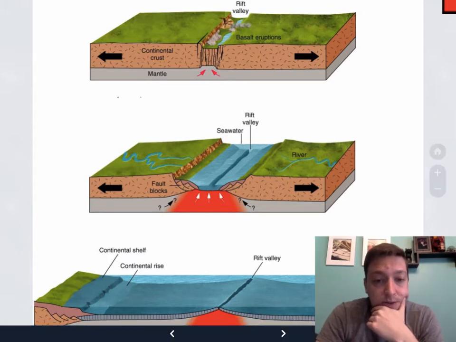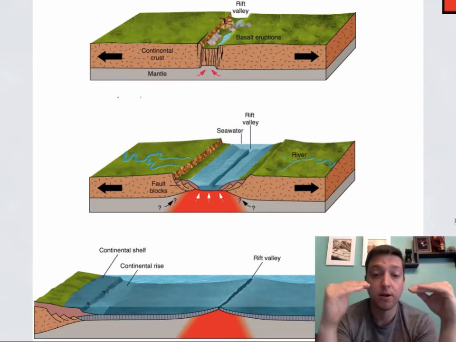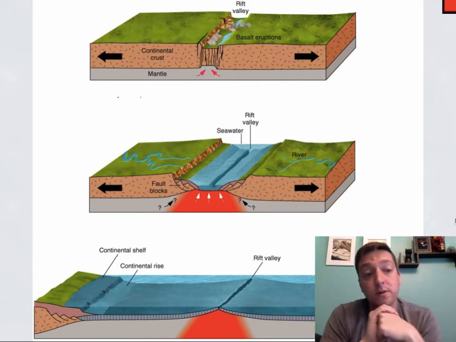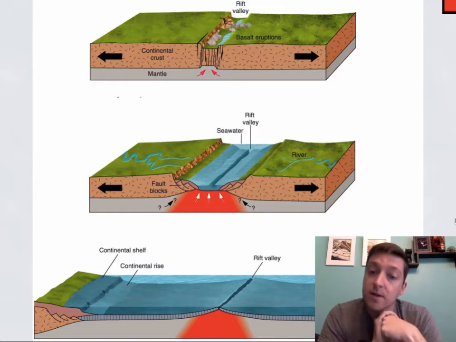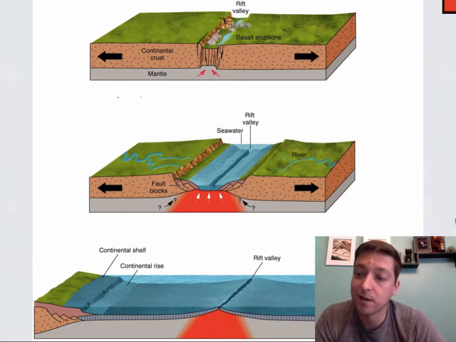So actually, what you can see here is because these two tectonic plates in the middle of the ocean are moving apart, magma wants to come up to fill that space.